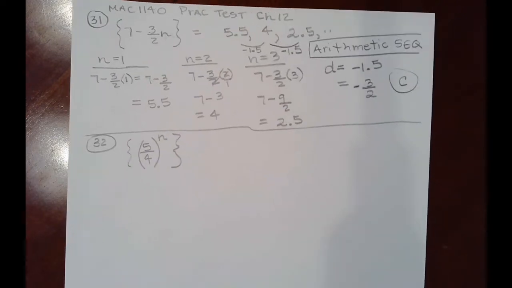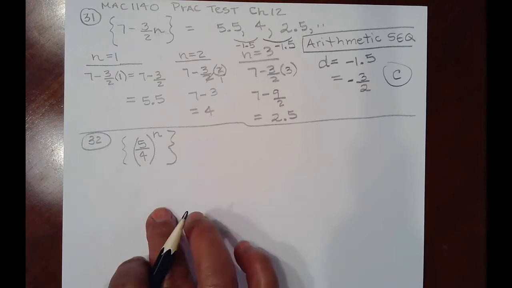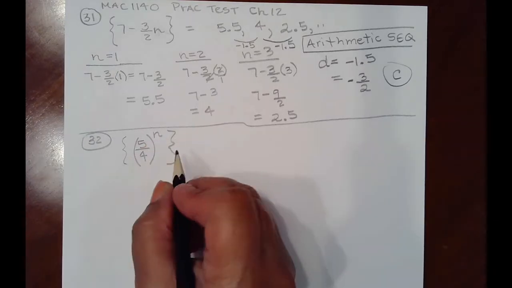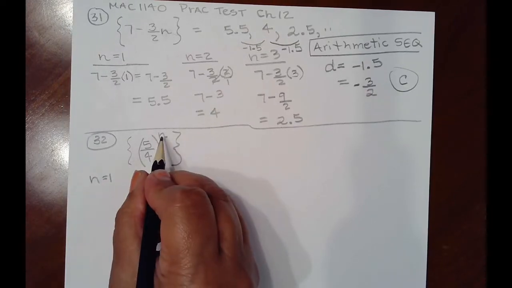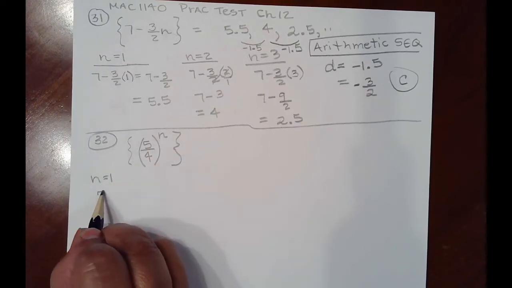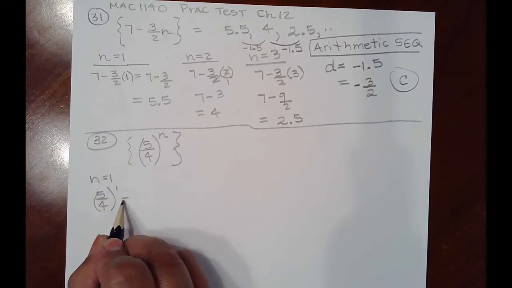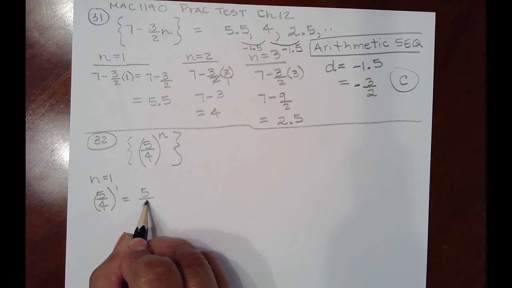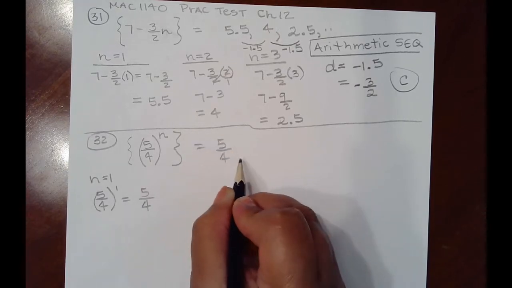And you're going to try and decide whether the numbers created by using this rule are arithmetic, geometric, or neither. Okay, so for n equal to 1, in other words, you're putting a 1 in there, it will be 5/4 raised to a power of 1, which is just 5/4. So the first term in the sequence is 5/4.